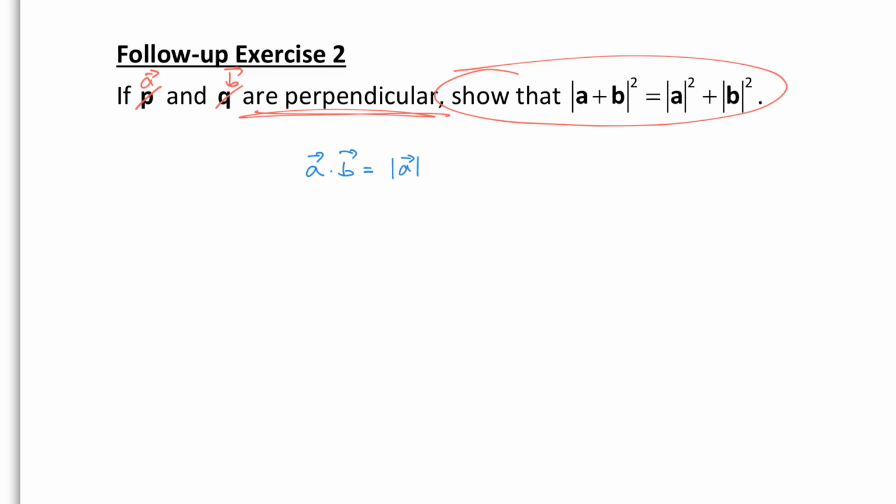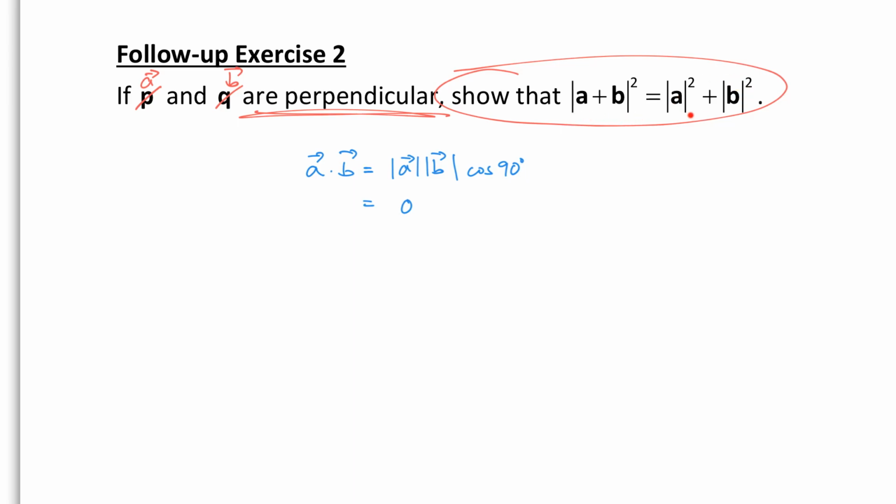If they are perpendicular, that means this angle is 90 degrees, and cosine 90 degrees is equal to 0. Then, the second thing you need to consider is which side we can start from, left hand side or right hand side.